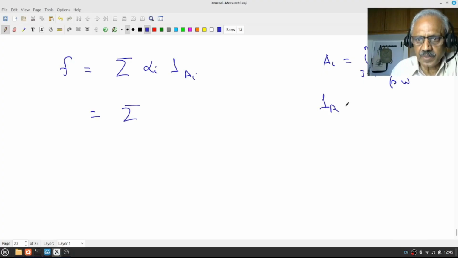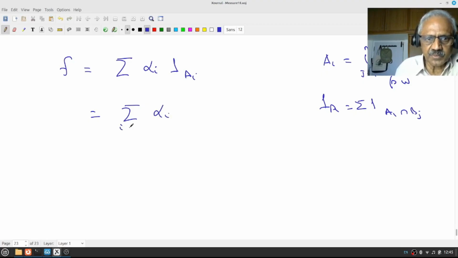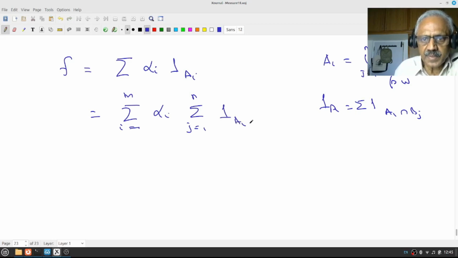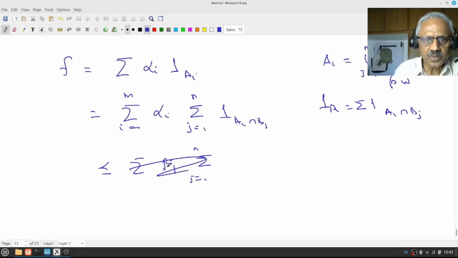Therefore, the indicator of A_i equals the summation of the indicators of A_i intersection B_j. Therefore, alpha_i summation over i equal to 1 to m, and j equal to 1 to n, indicator of A_i intersection B_j. Right? Are you following? But what we know is this is less than or equal to summation beta_j indicator of A_i intersection B_j. Keep this clear.